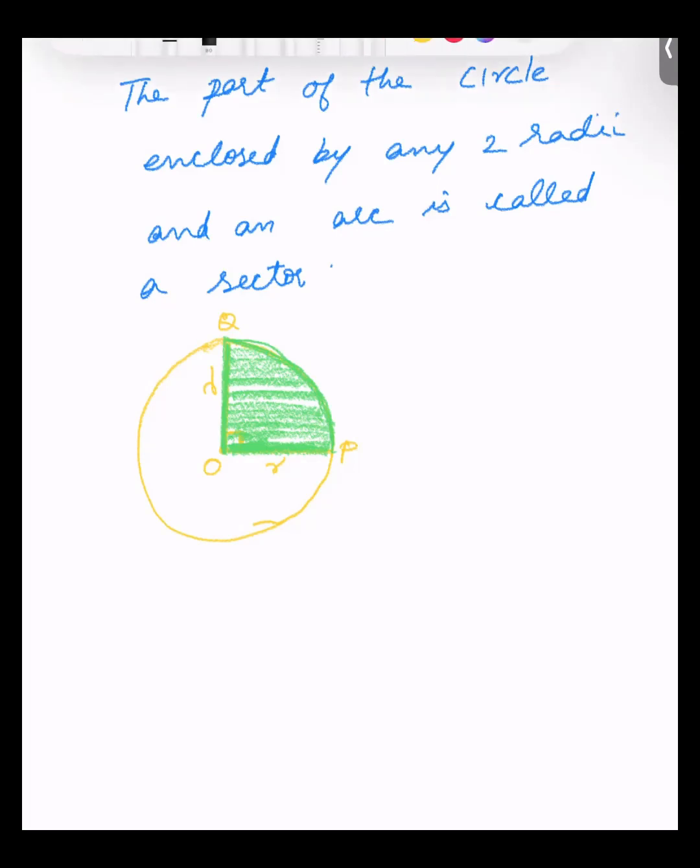But this sector is called a quadrant. Quadrant means 1/4 of a circle. Here OQ is perpendicular to OP, and the sector thus formed is called a quadrant.